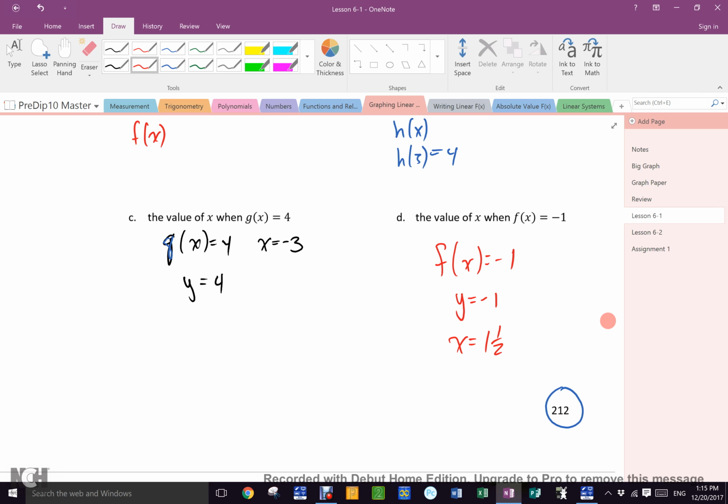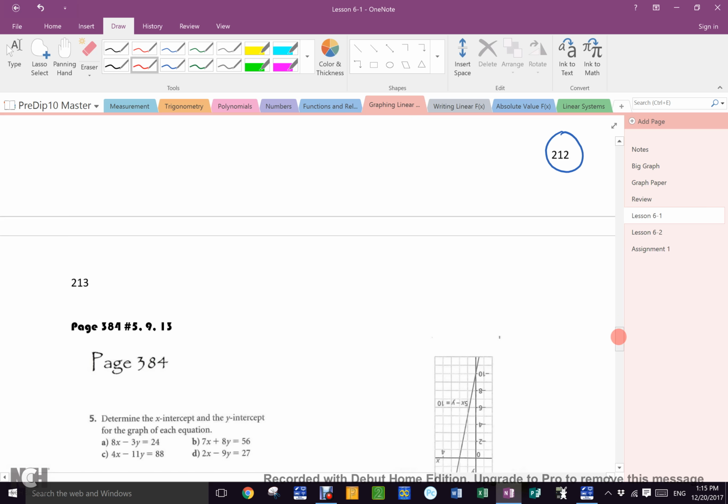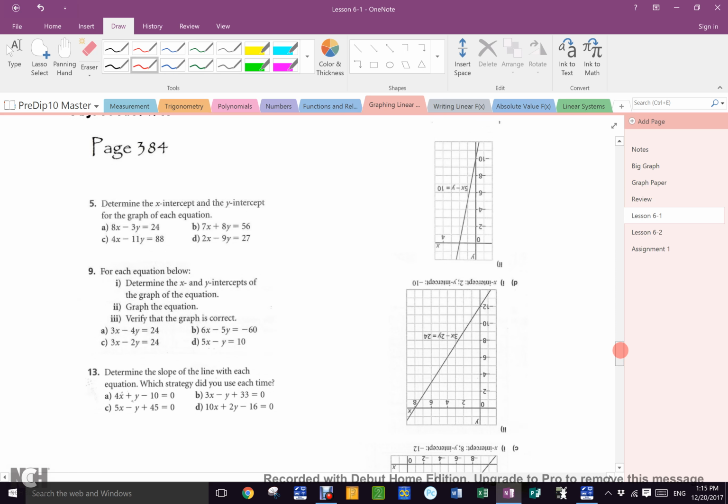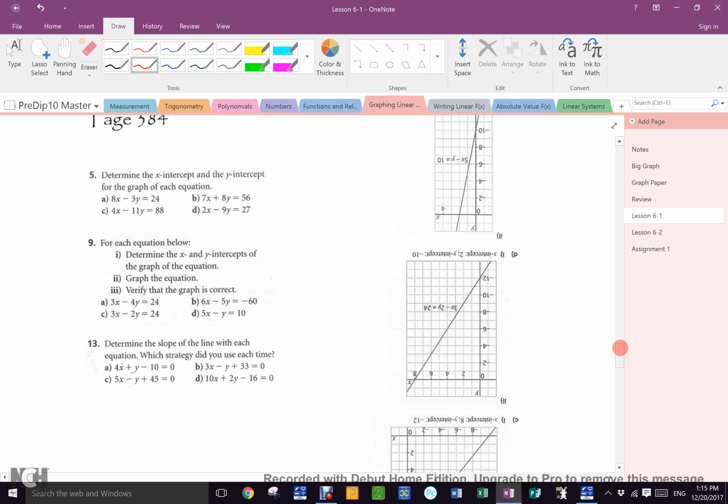Everybody cool? Great. Any questions from page 213? Yes, how do I do it? By making x 0 and y 0 at the appropriate times? Okay, so every single x-intercept is what? Perhaps you should flip back in your notes to the beginning.